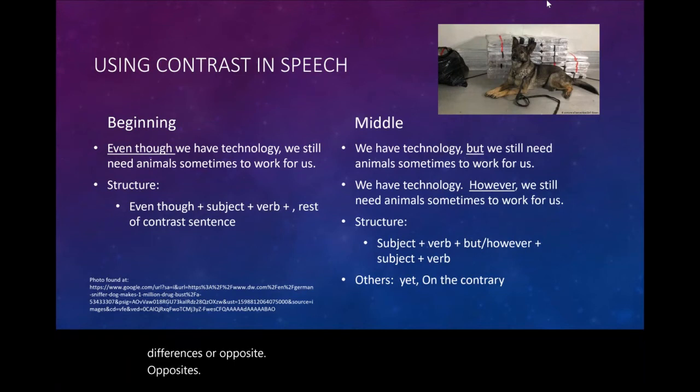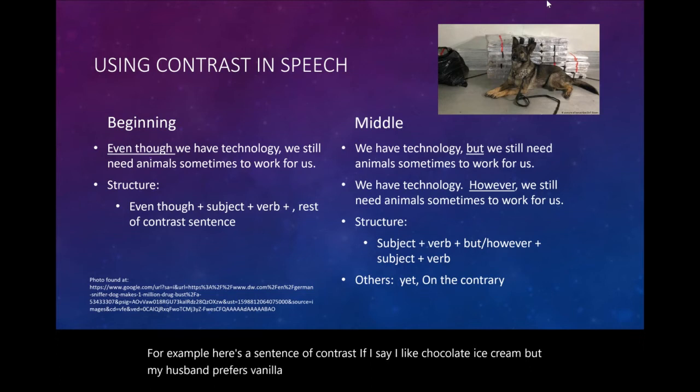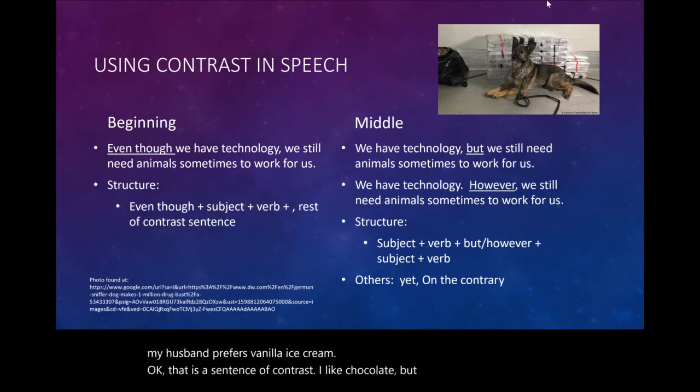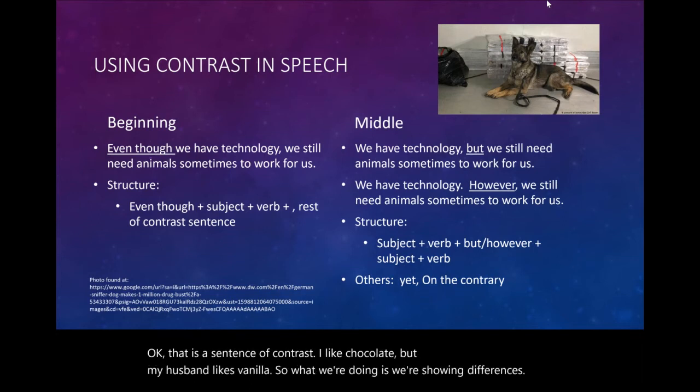So, for example, here's a sentence of contrast. If I say, I like chocolate ice cream, but my husband prefers vanilla ice cream. Okay, that is a sentence of contrast. I like chocolate, but my husband likes vanilla. So what we're doing is we're showing differences between two things, okay?